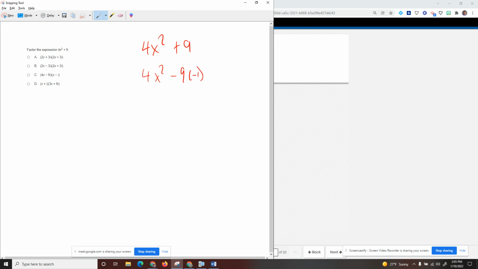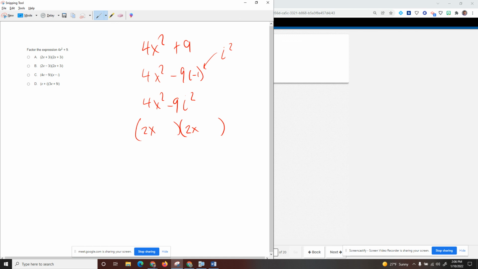Negative 9 times negative 1 equals positive 9. That negative 1 I can turn into i squared. So I can say it's 4x squared minus 9i squared. Now this is a difference of two squares. It's imaginary, but it is a difference of two squares. When I go to factor it now, I'm going to factor it just like we learned how to do a difference of two squares. 4x squared, square root of that is 2x.